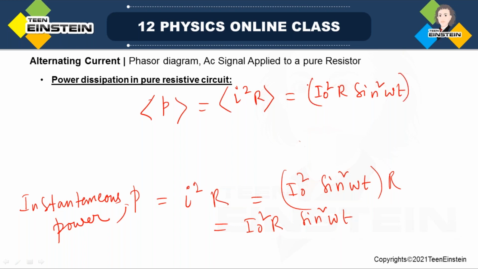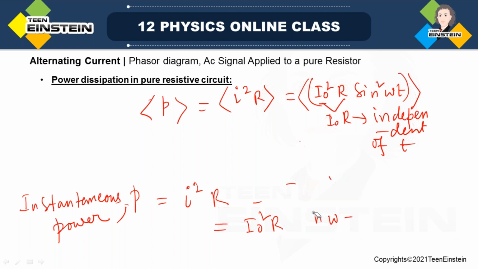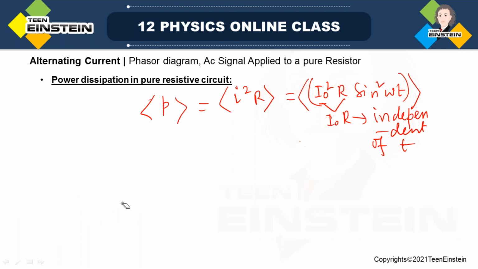Now look, I0 and R are constant, independent of time, so I can take them out of this average, and the only thing is we have to take the average of sine square omega t. You might be thinking, sir, why sine square omega t doesn't go to 0 if I take the average over a full cycle?